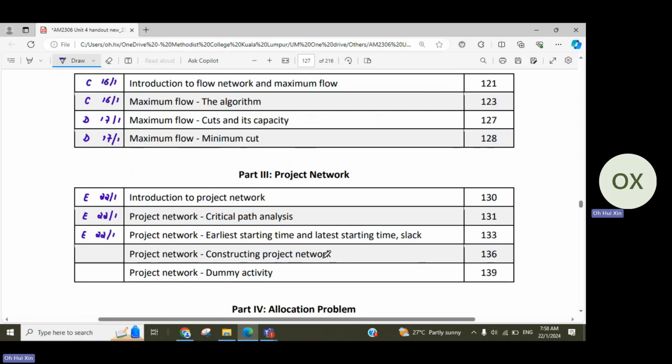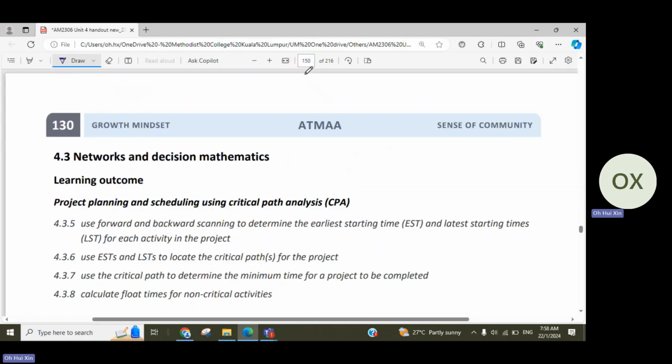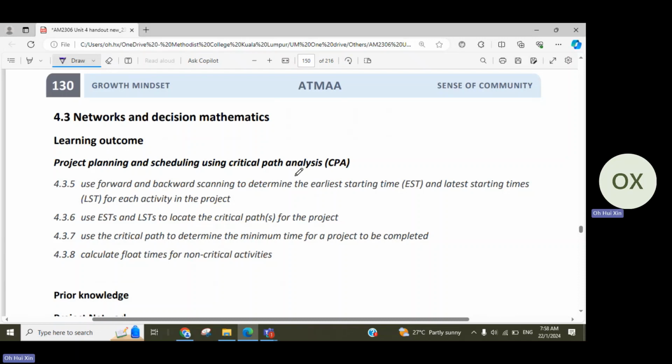Without further ado, let's look at page 130. These are basically things that we have repeated just now, but I'm going to adjust a bit for the learning outcome that you will be learning. We will first start off to know how to use EST to identify what the critical path is and also how long is the minimum time that you need to complete a project.